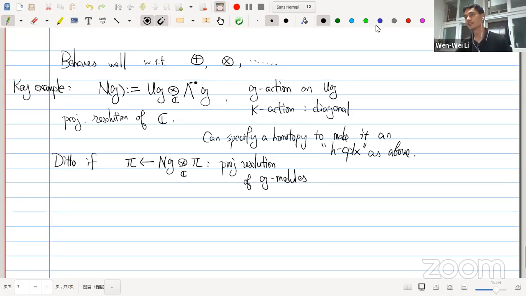And this is still a tensor product of H complexes, so this is still naturally an H complex. And you get similar H structures. Remember that H means homotopy. So this means you can specify homotopies everywhere.